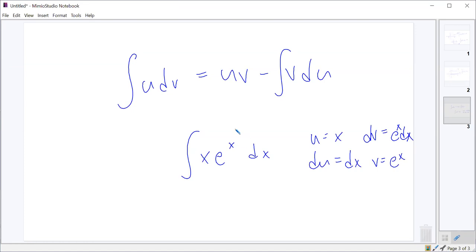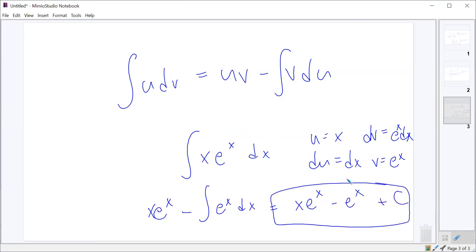The integral of u dv should be equal to u times v, so x e to the x, minus the integral of e to the x dx. And so that should give us x e to the x minus e to the x, plus our constant. So just a basic example for this.